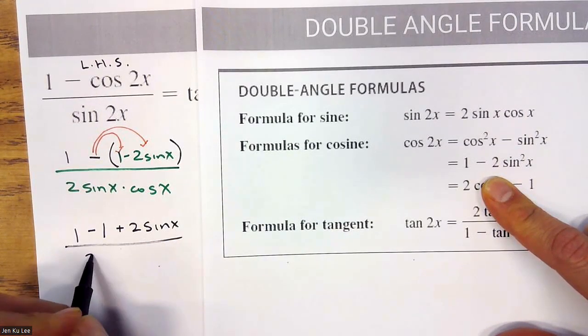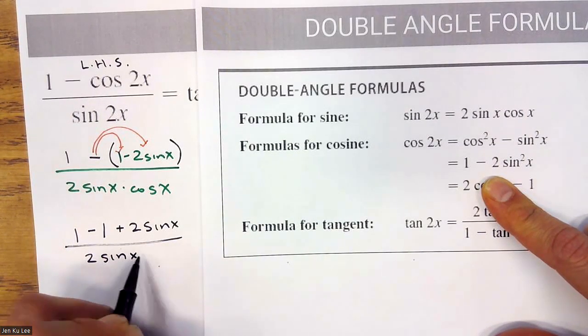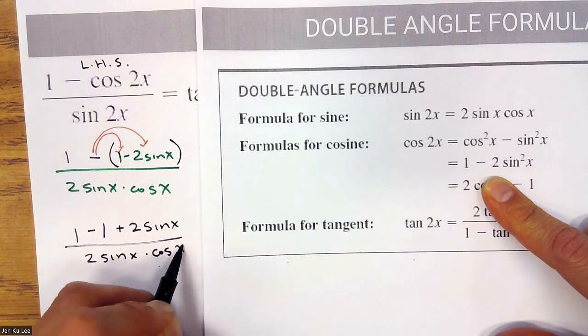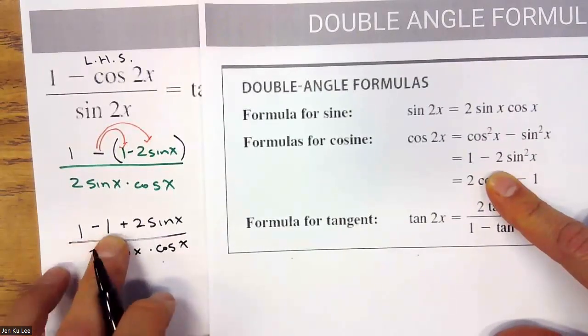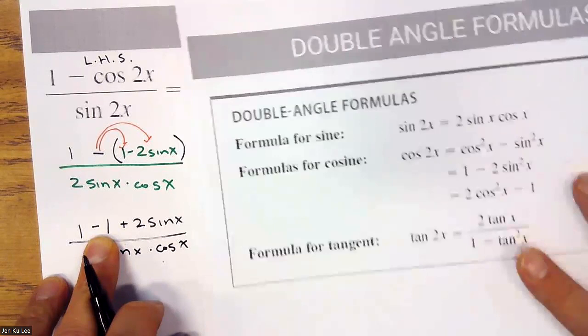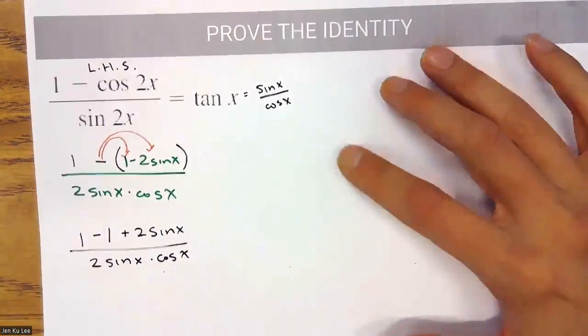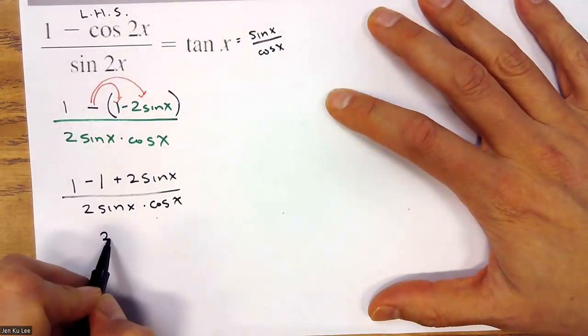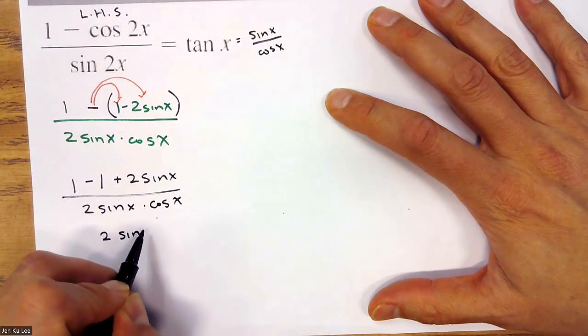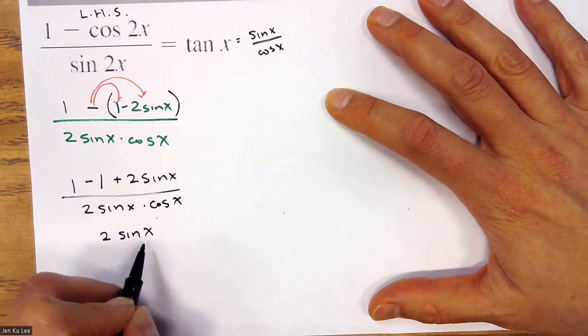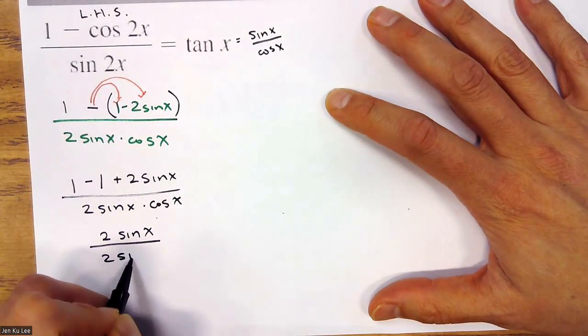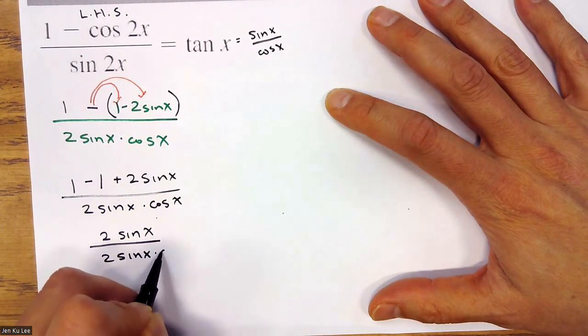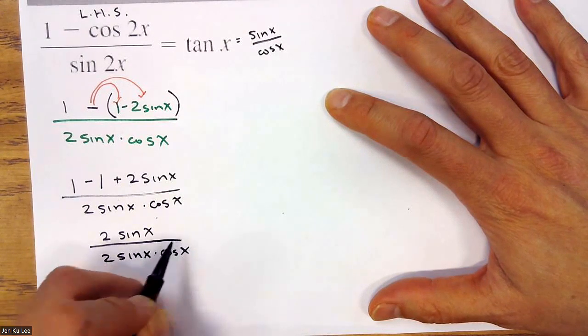Over 2 sine x times cosine x. 1 minus 1 is the 0, okay? So I have 2 sine of x over 2 sine x times cosine x.